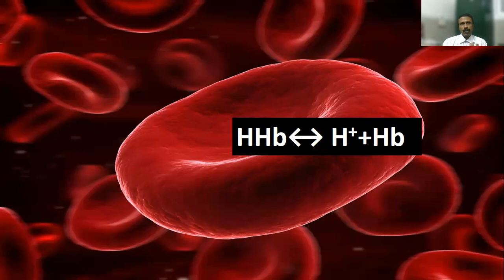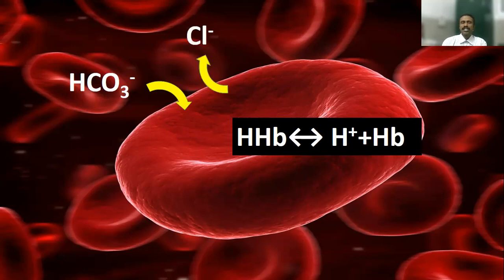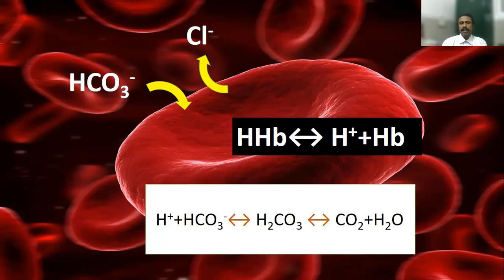Once the concentration of hydrogen ion in the red blood cell increases, this is sensed by the ion transporter molecule. It actively pumps in bicarbonate into the red blood cell from the plasma in exchange for the chloride which was present in the red blood cell. The hydrogen ion and the bicarbonate now readily combine to form carbonic acid, which dissociates into carbon dioxide and water.